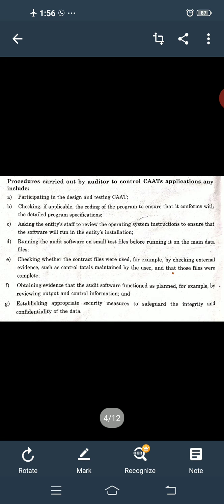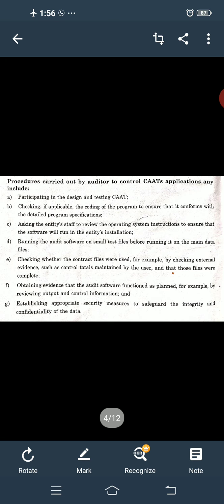Checking, if applicable, the code of the program to ensure that it conforms with the detailed program specification.